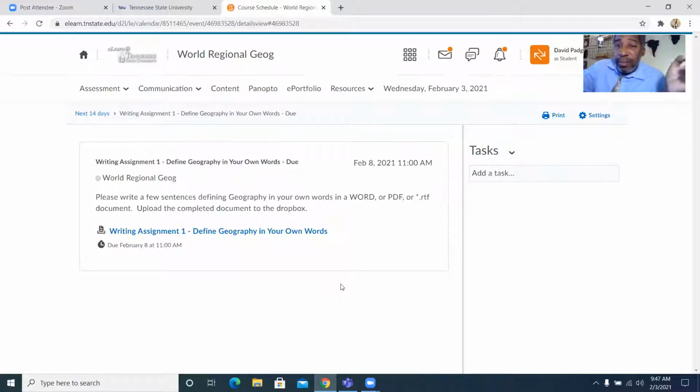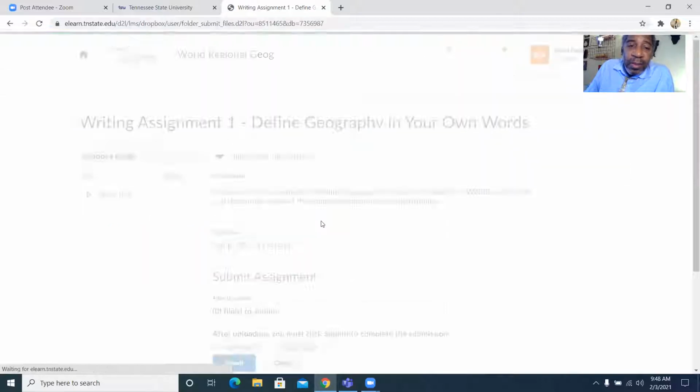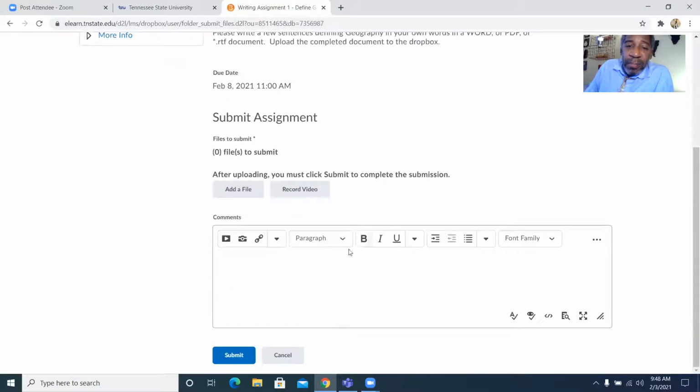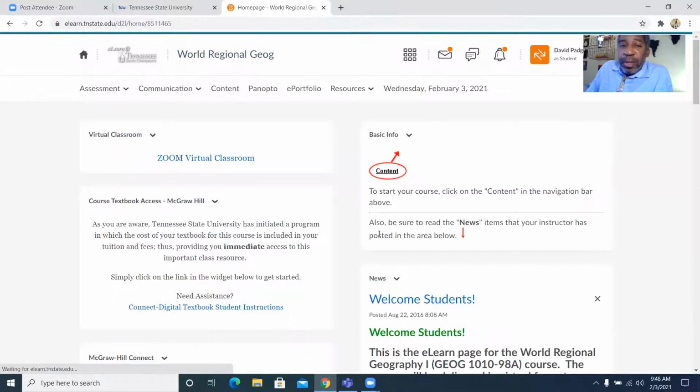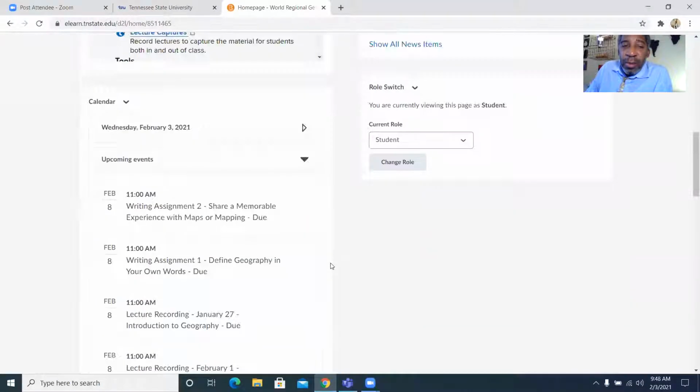It could be that. I believe that we're going to learn all the states and the countries. If you think that's what we're going to do in this class, that's fine. I just want to know what you think geography is in your own words. So that's a few sentences here, write it in a Word document, and then just add it here, submit it to the Dropbox, and you have until, again, February the 8th to do that if you haven't done so.